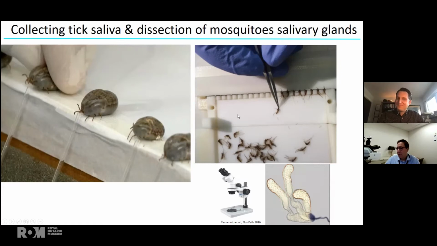And the other way you can collect salivary gland is you have your mosquitoes under the microscope. You literally dissect the glands, and these are the glands under the microscope containing all the proteins that the salivary gland contains.